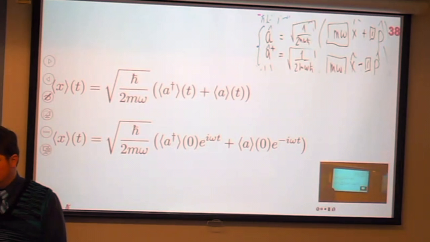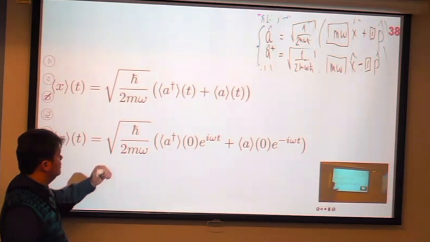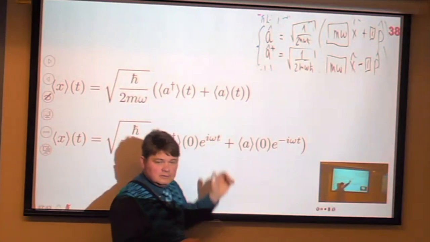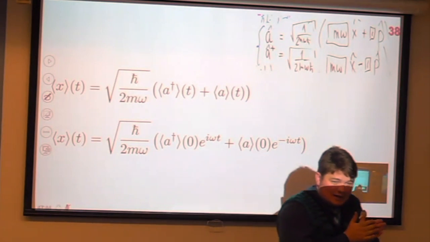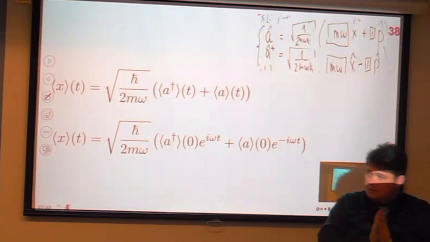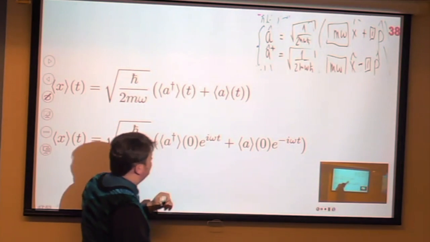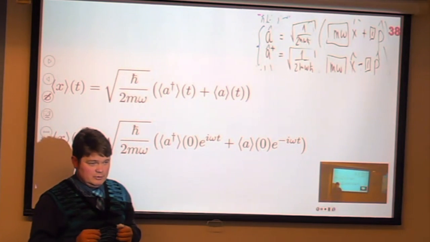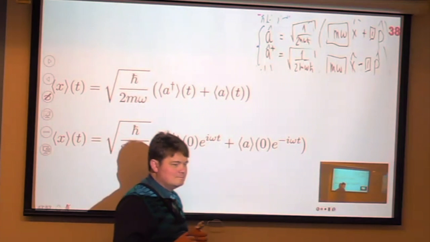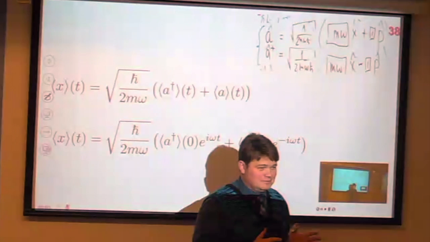Now we need to construct position and momentum out of the expectation values of creation and annihilation operators. For position, you add them. For momentum, you subtract them. And I have seen that many of you have successfully completed this.